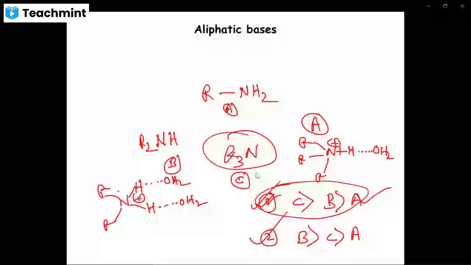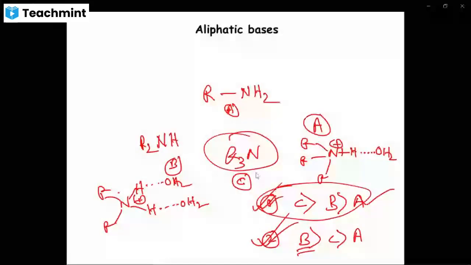So B will be most acidic, and actually this is not the order. C will have least acidity. Okay, C will have least acidity. So B will be most acidic, then A, then C, because for C the solubility is very less. It is so less that it will be least acidic, least basic.